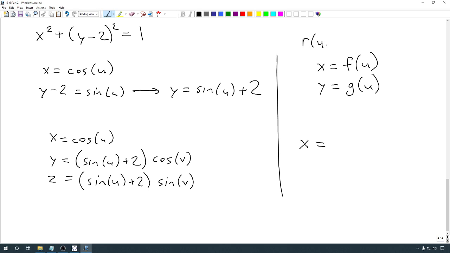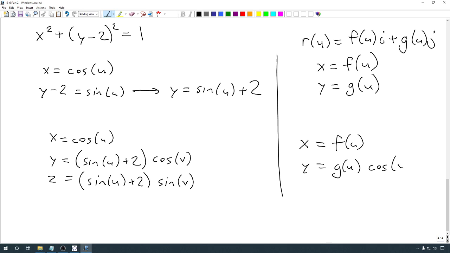r of u equals f of u i plus g of u j. If we rotate this around the x-axis, the x doesn't change, and then the y value, the g, actually turns into just the radius times the cosine and sine of v.